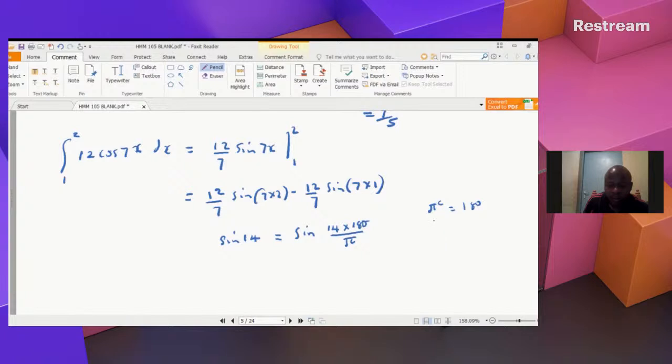So this means 1 radian is 180 divided by pi, and we are talking of 14 radians. The sine of 14 radians.